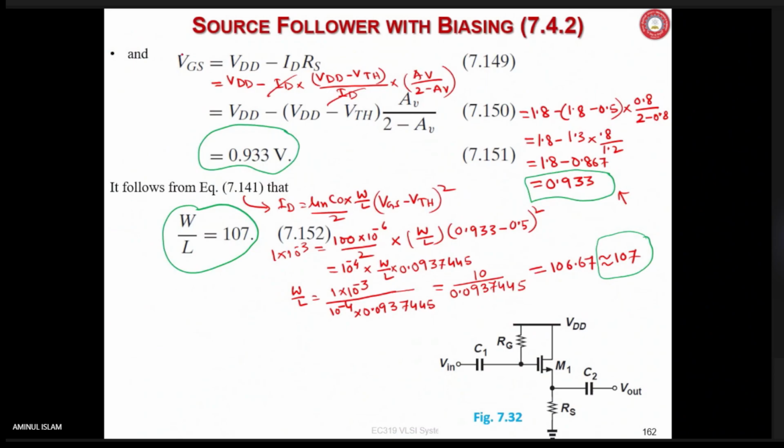Out of which VGS can be found, and it is obtained, continuing from here, VGS equals VDD minus IDRS. Then you follow this, you will get 0.933. This is volt, I have not given any unit, of course. Now it follows from this equation, W by L equals 107, given by the author.